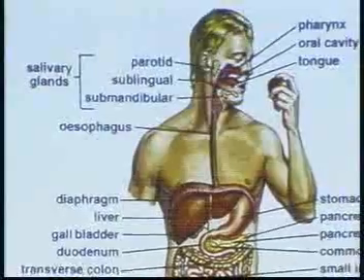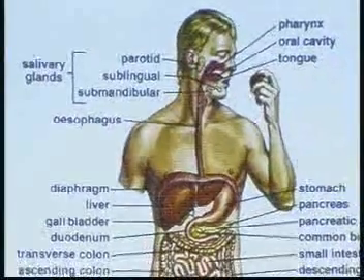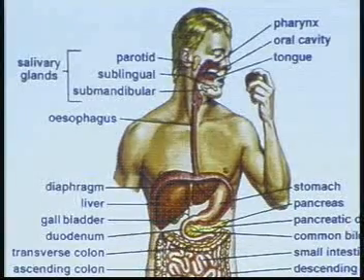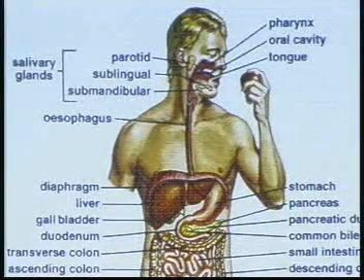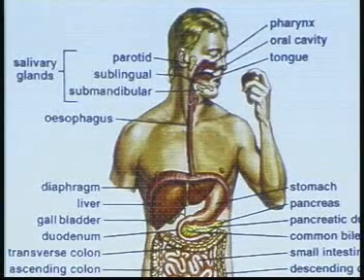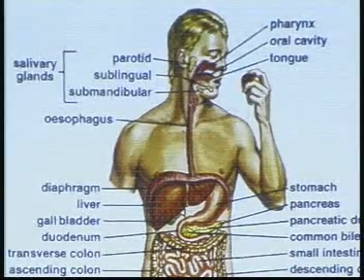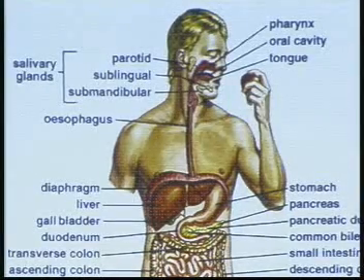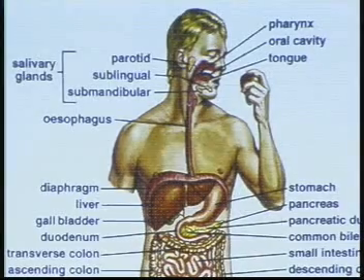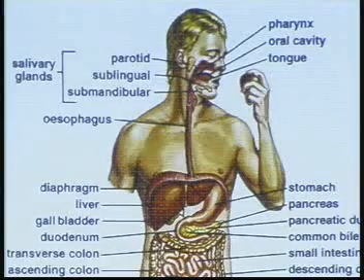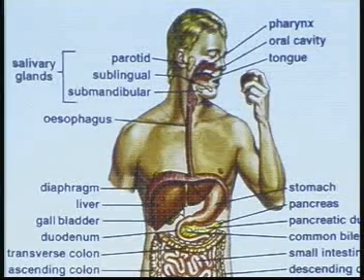Now the teeth break down the food mechanically, that is, we chew the food. Once the food is chewed, it is mixed with saliva. Only the digestion of carbohydrates is initiated in the mouth. Ptyalin converts the polysaccharide starch into maltose, which is a disaccharide.